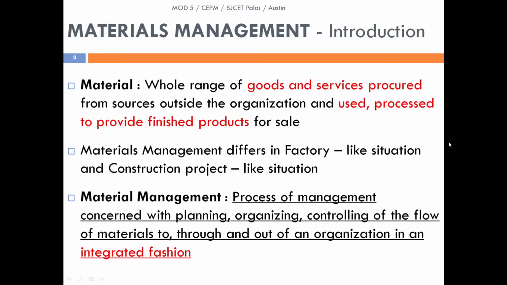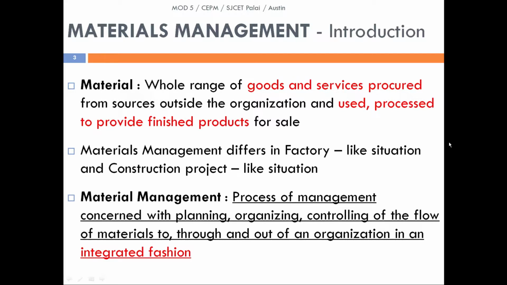Dealing with the introduction of material management, we know what is meant by a material. A material is a whole range of goods and services procured from sources outside the organization and processed to provide finished products for sale. As the definition says, it can be either a good or a service which is procured from outside as raw material, then it undergoes some kind of processing inside the organization or inside the processing unit, and finally it becomes a finished product.